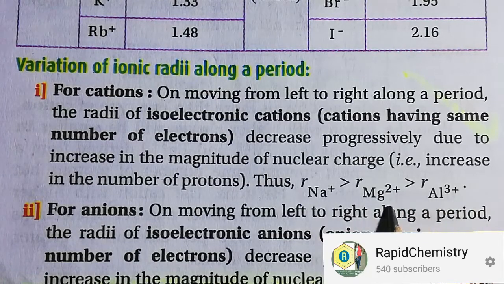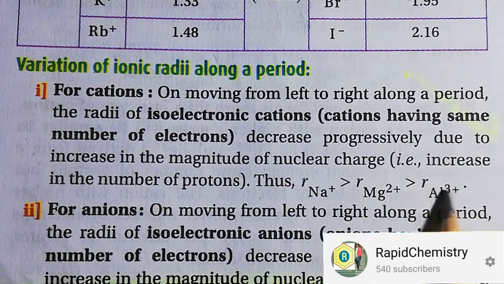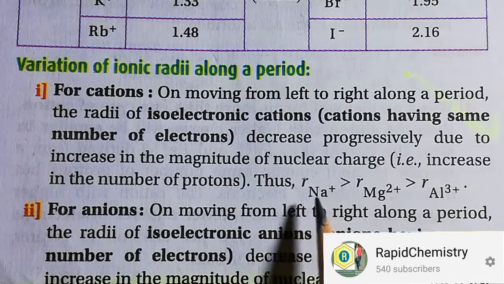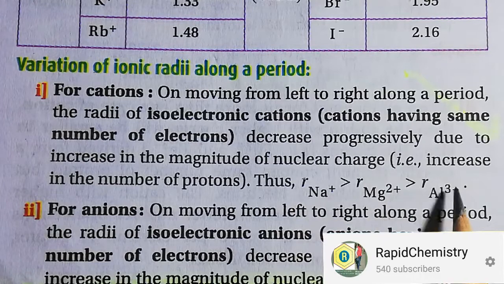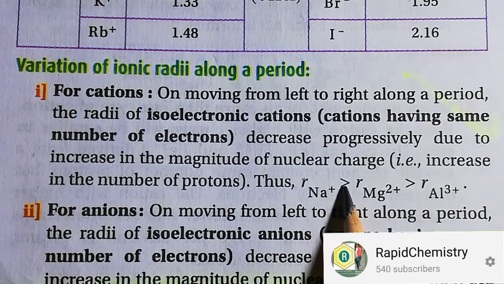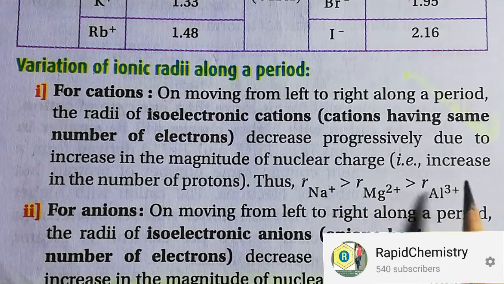It has been found that the more the positive charge, the smaller the size. So if we compare the sizes of the cations for sodium, magnesium and aluminium, sodium is bigger compared to magnesium, and magnesium is bigger compared to aluminium.